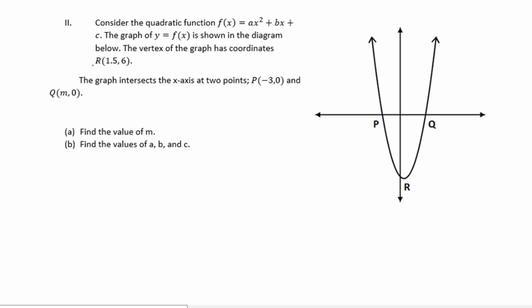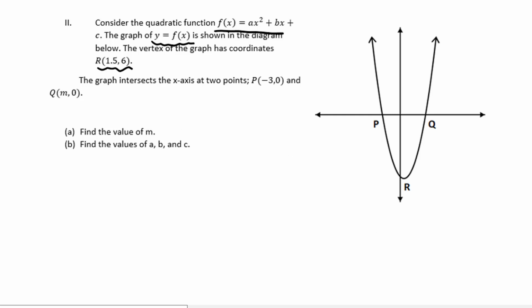Let's go to 2 from question 3. Consider the quadratic function f of x equals ax squared plus bx plus c. The graph of y equals f of x is shown in the diagram below. The vertex of the graph has coordinates 1.5, 6.